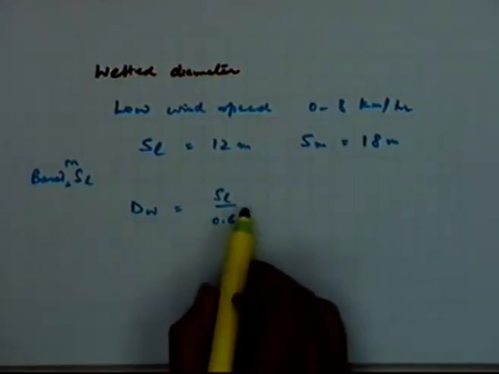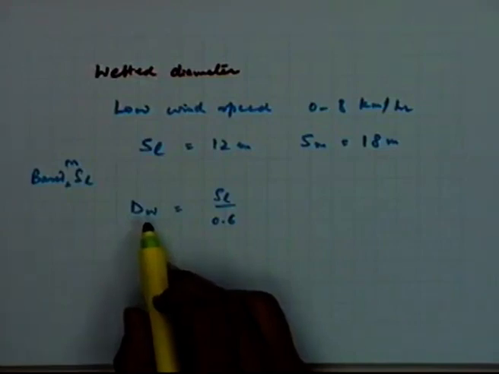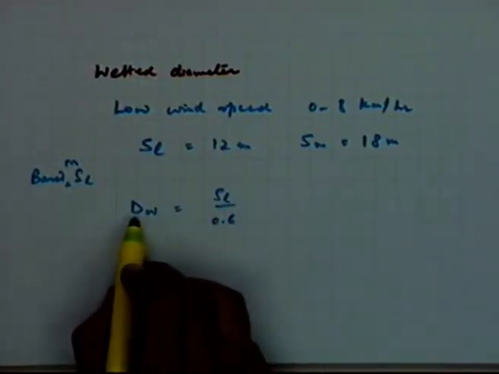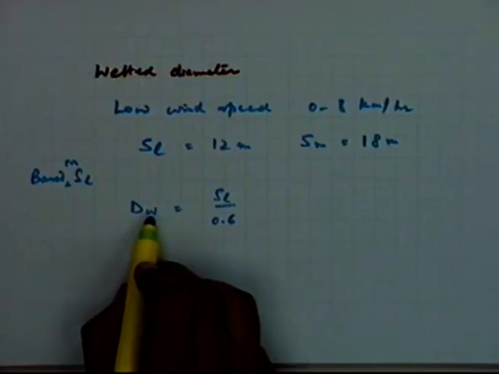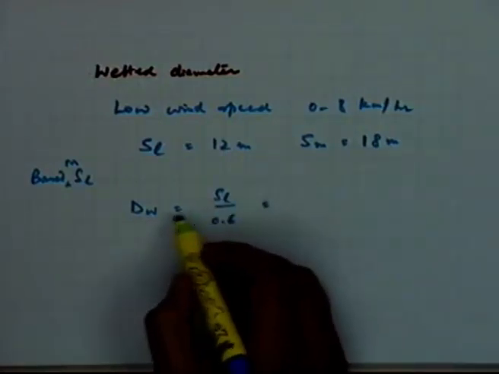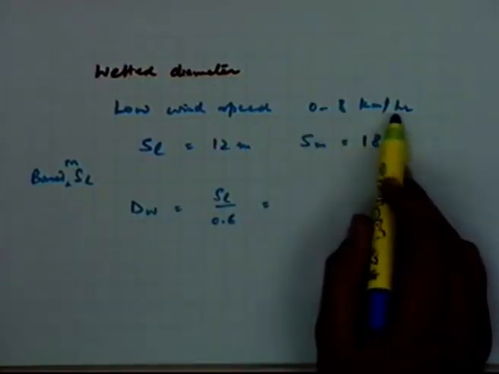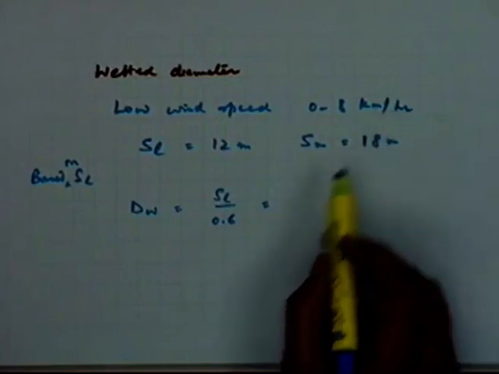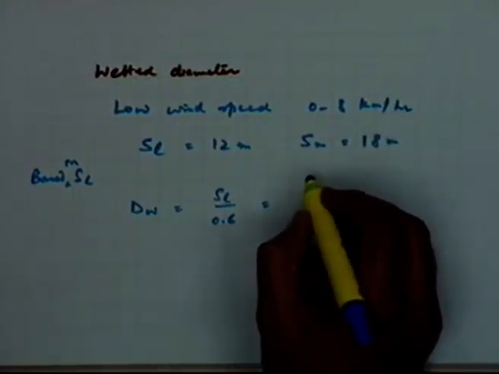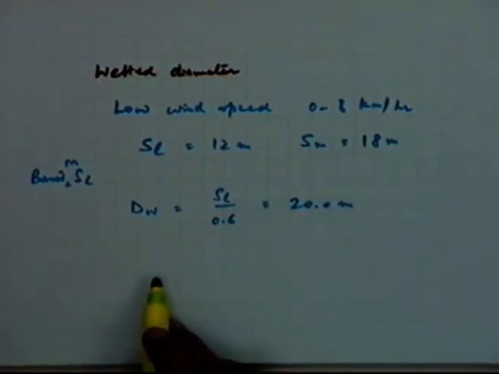Because the SL and wetted diameter ratio is given in the table, you can find out the wetted diameter from there, which is SL by 0.6, because SL by dW was 0.6, the value corresponding to the low wind speed conditions. This gives a wetted diameter of 20 meters.